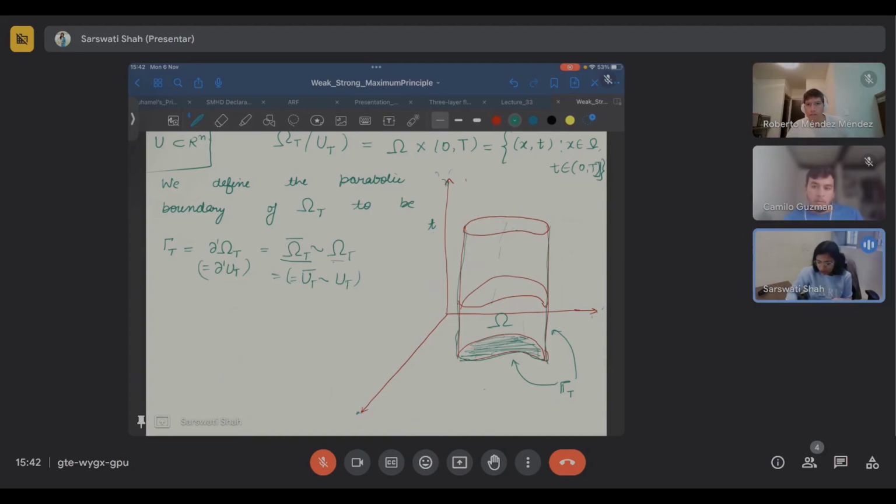If you remove the inner region from the closure, we will be left with only the boundary, and this is defined as the boundary in Rn cross (0, t), because time is going to vary. Time does not have an outer region. The outer region we are talking about is only in the spatial variable. So that's why del omega cross (0, t), because time is going to vary uniformly, union omega cross t equals 0.